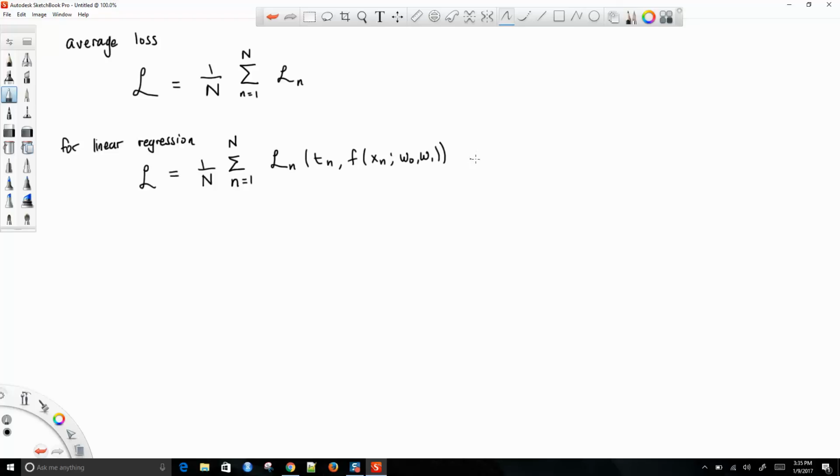Good, and then we can further expand this if we want, but I don't think we need to. And we say the parameters that we will select for our model are the ones that minimize the total average loss.